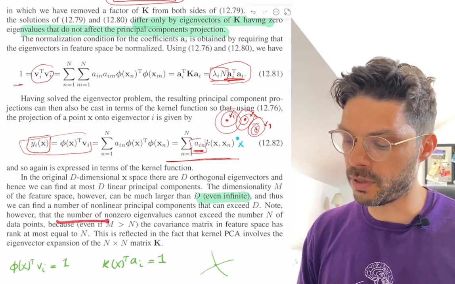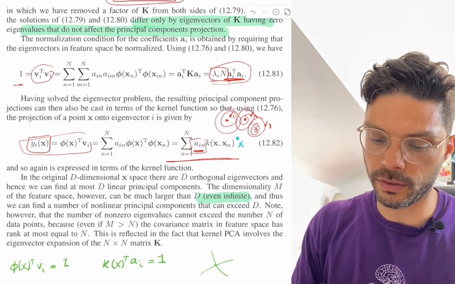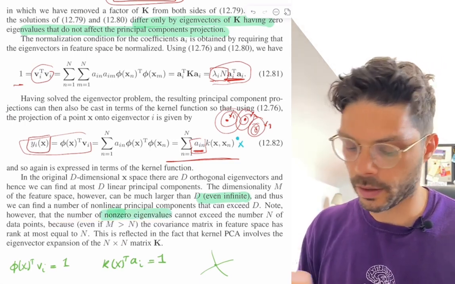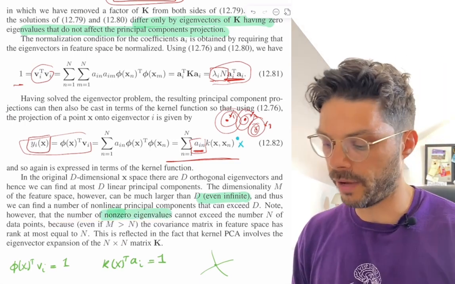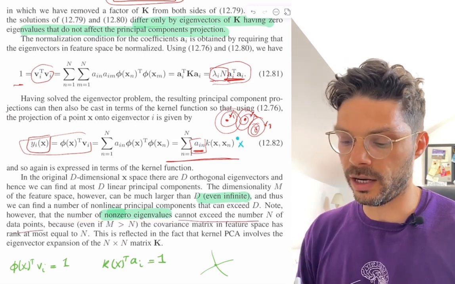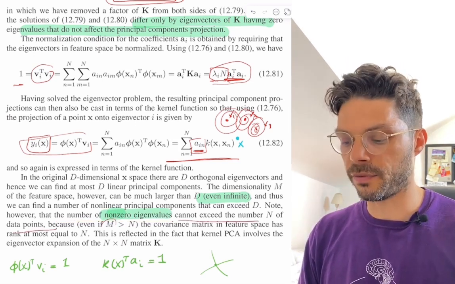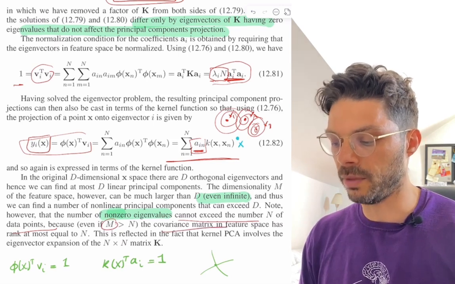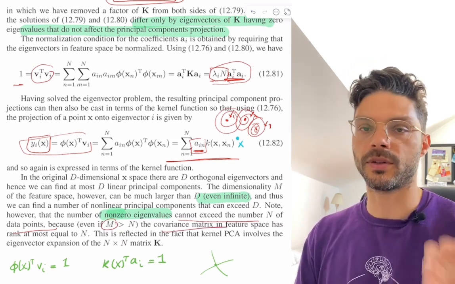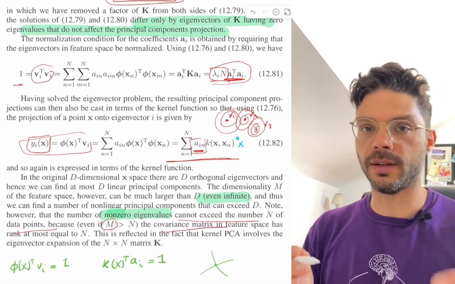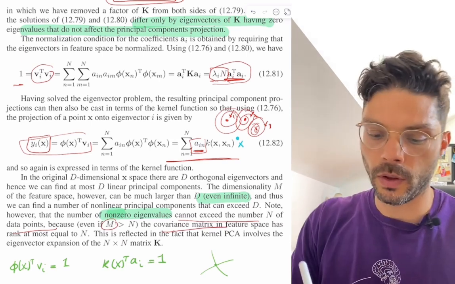Note, however, that the number of non-zero eigenvalues, not eigenvectors, cannot exceed the number n of data points, because even if you have more dimensions than data, the covariance matrix in feature space has rank at most equal to n. So what is that saying?